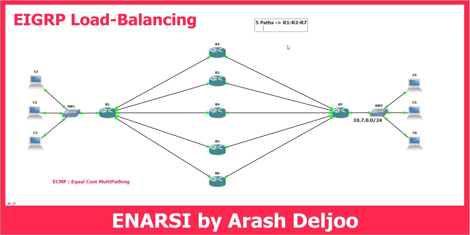You know that in the topology table, we have all paths, okay? The next path is R1, R3, and then R7. I will show you the topology table for this scenario. After that, R1, R4, R7, and then again R1, R5, after that R7, and finally the last path is R1, R6, R7.